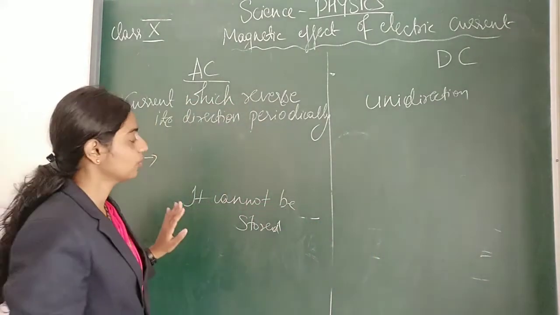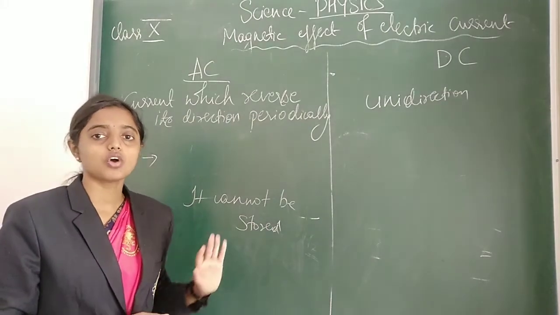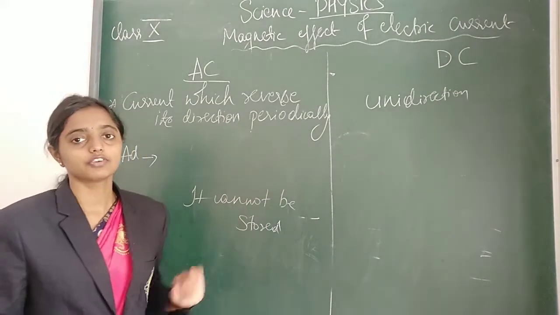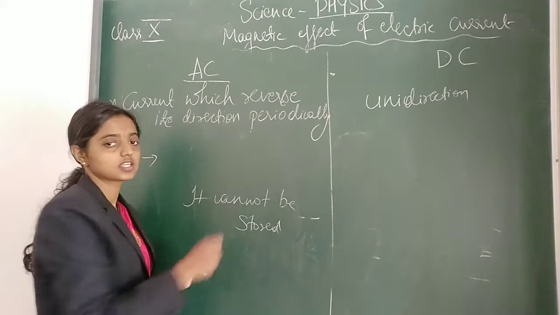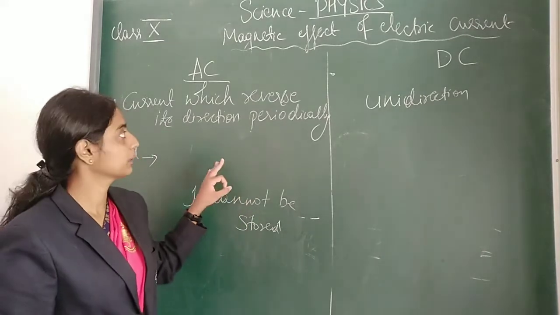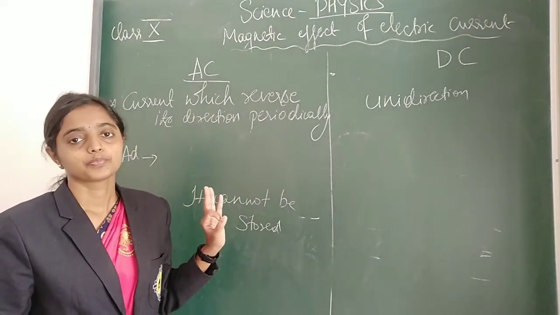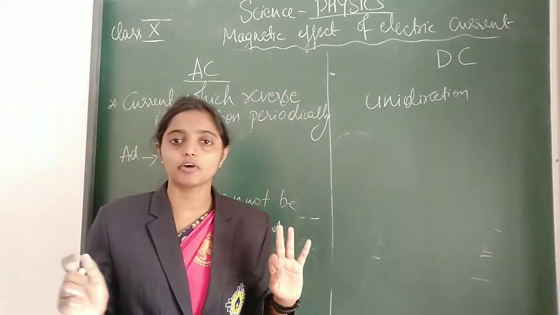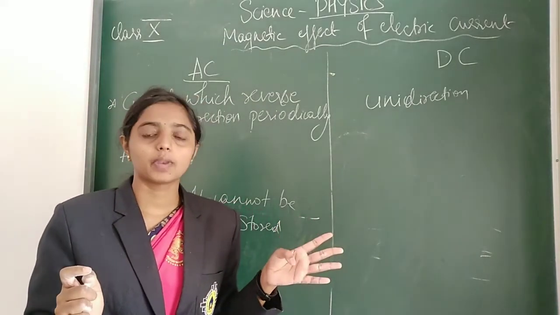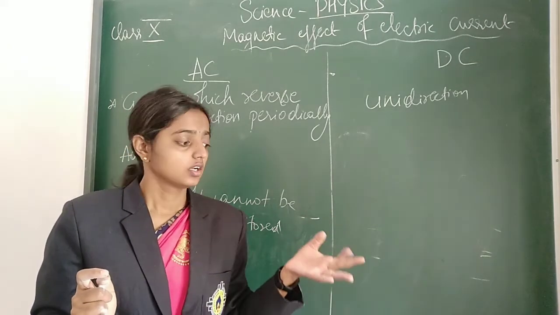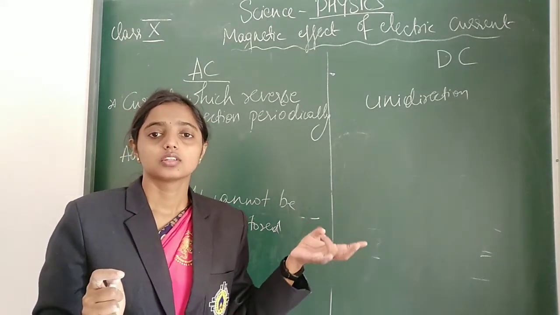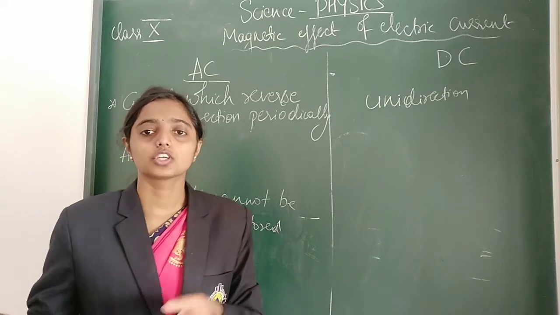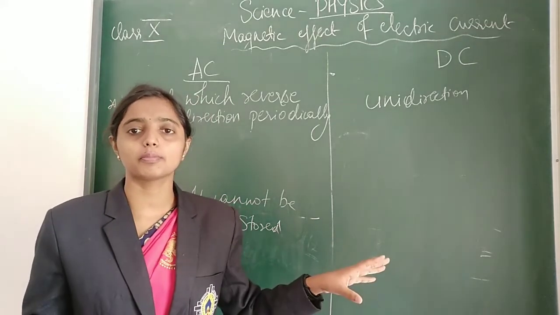And we have one more point, that is sources of AC and sources of DC. The source of AC, the first one, is the AC generator. Other than the AC generator, we have a number of power plants, right? Solar power plant, nuclear, thermal power plant, tidal power plant, ocean thermal, and different types of power plants.